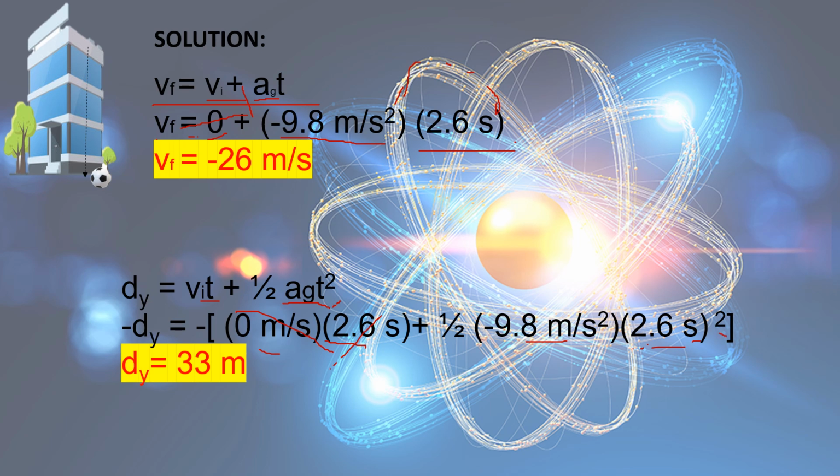2.6 squared po niya, we will solve for the squared of 2.6. So, multiply 2.6 to itself. 2.6 times 2.6, the answer is 6.76. That's second squared. Then, let's copy the negative 9.8 meter per second squared.